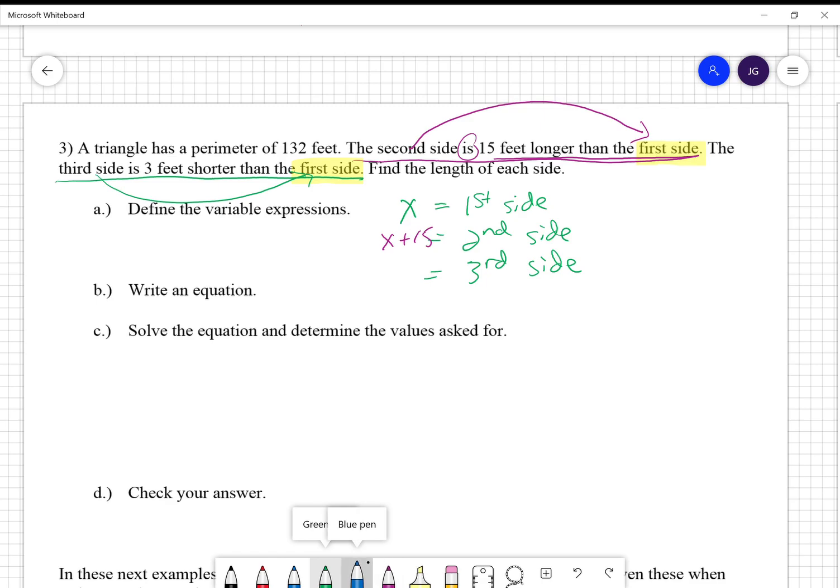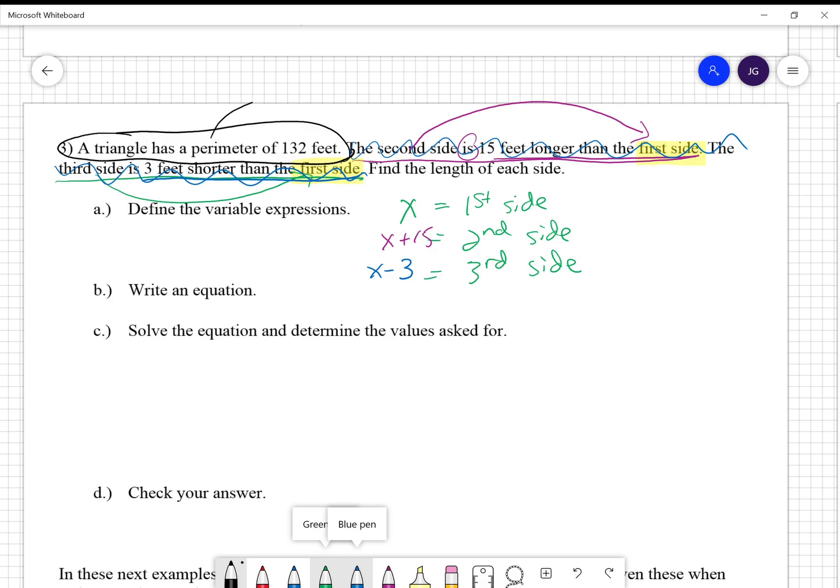The third side is 3 feet shorter, which would be X minus 3. Now I can cross that off. I don't need it anymore. Don't let it confuse you. What I haven't used is the first sentence. Triangle has a perimeter of 132.